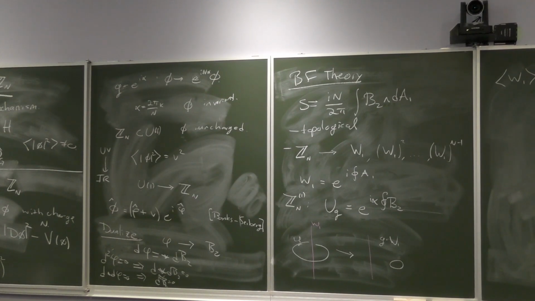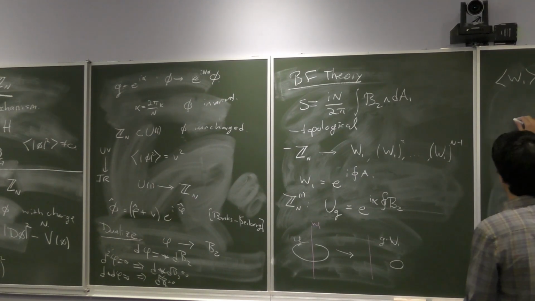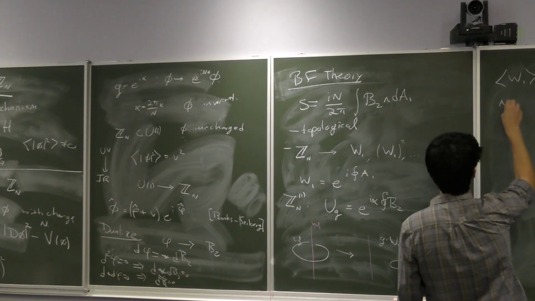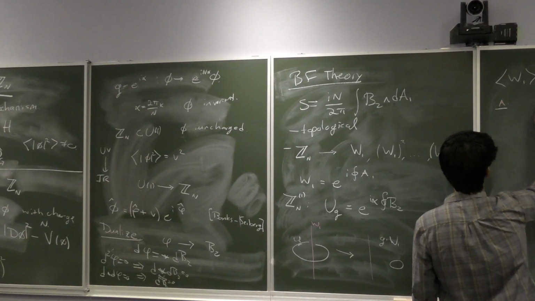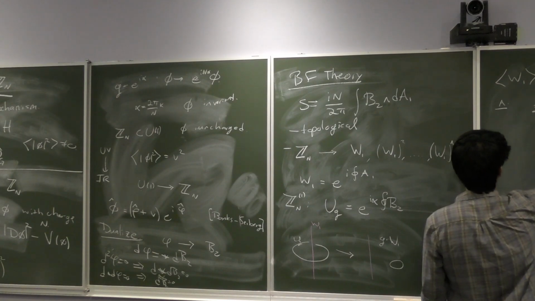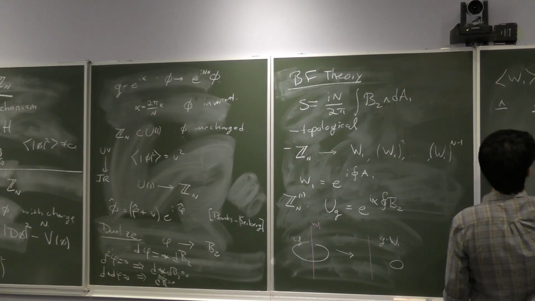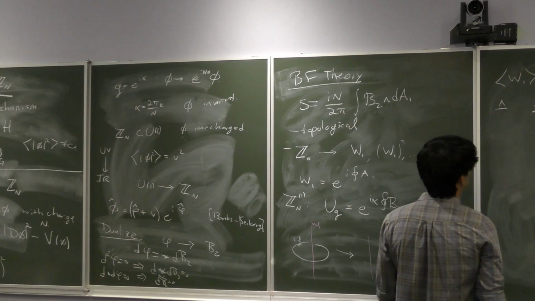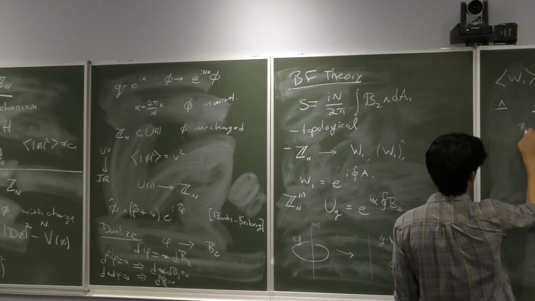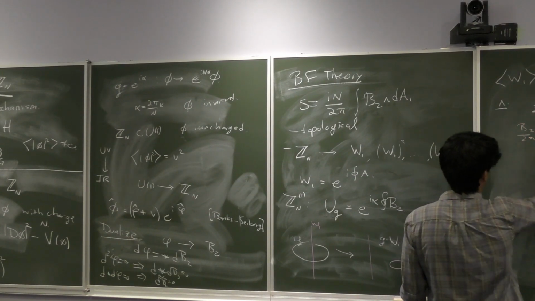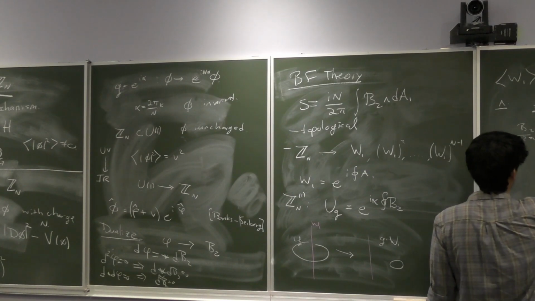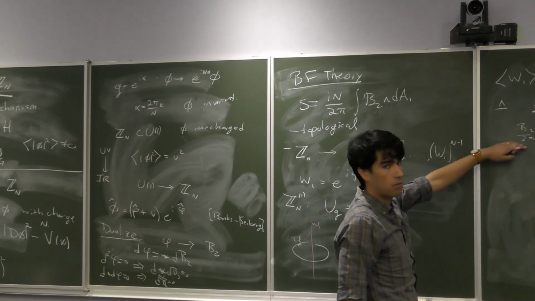And now the equation of motion for A becomes n over 2 pi times B2 is delta of x. And so what you find is that B2 has this 1 over n sort of flux.